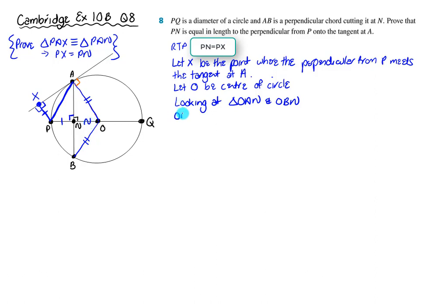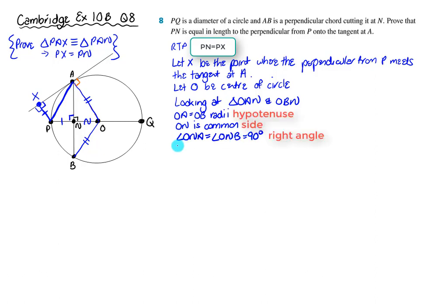So OA equals OB because they're radii. Okay, ON is common. It's shared between the two triangles, and angle ONA equals angle ONB, which is 90 degrees.